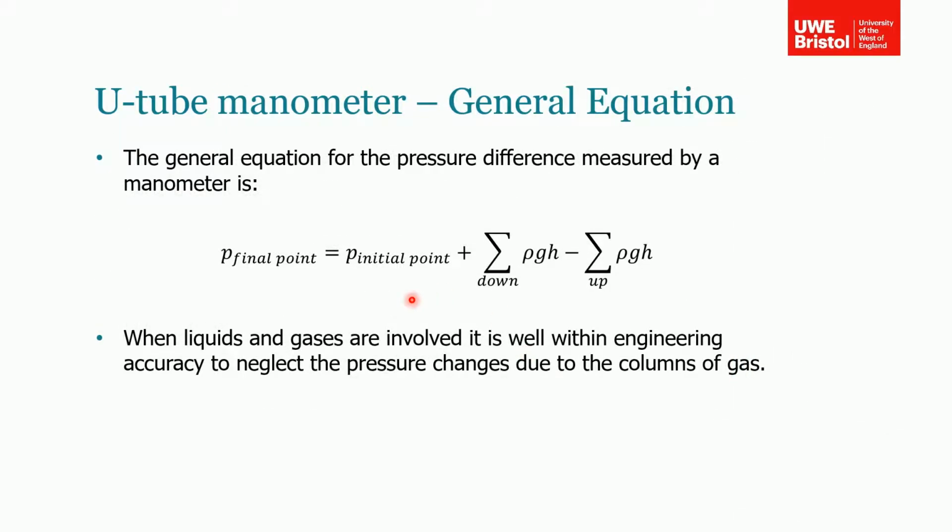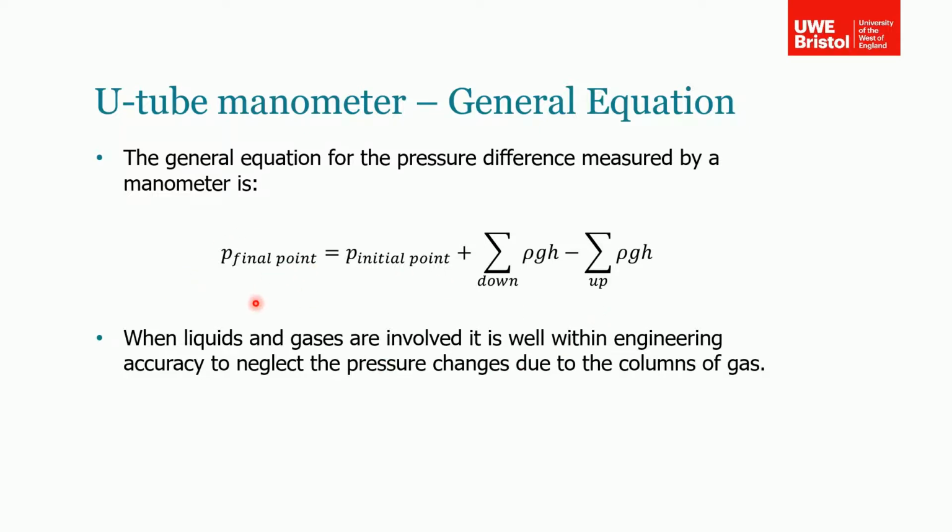The example I showed you on the previous slide was a fairly simple example, and in this course there'll be more complicated examples. The general equation for what we just did is that you can treat this as a chain of hydrostatic pressures.